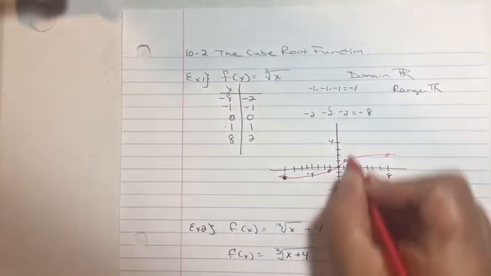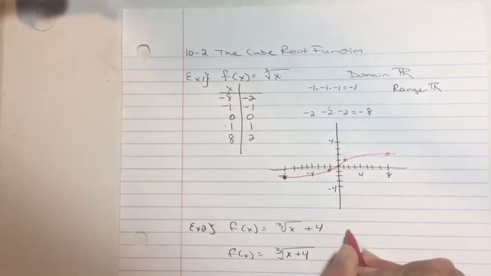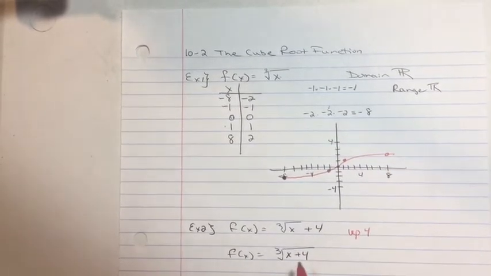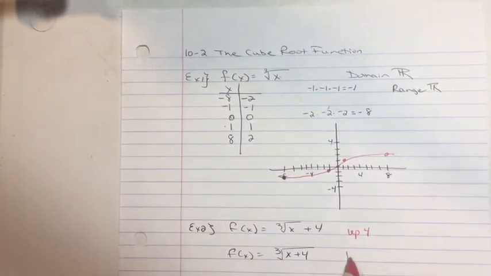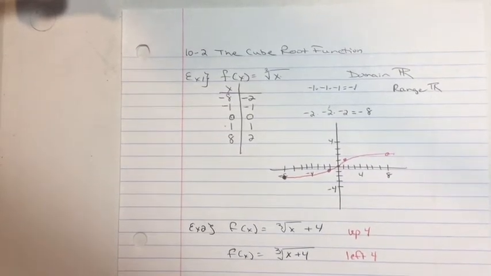This is going to move up 4. It's a vertical translation. And this one right here is going to go left 4. It is a horizontal translation.